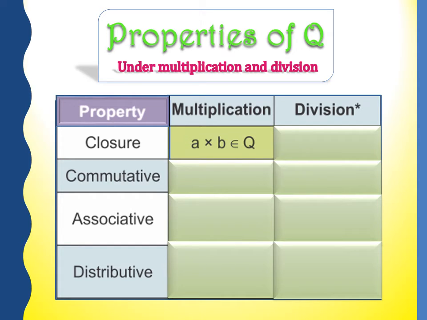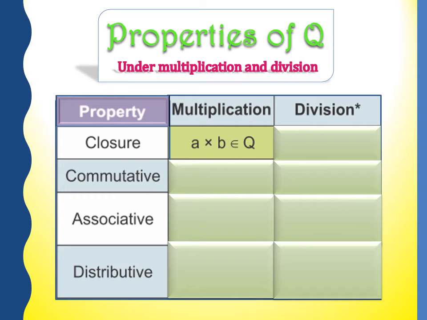That means for any two rational numbers, the result of multiplying them is an element of the rational numbers. But rational numbers are not closed under division because of the existence of zero, and we said that dividing by zero is undefined or meaningless.